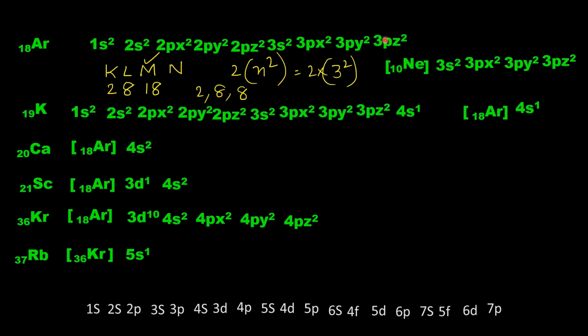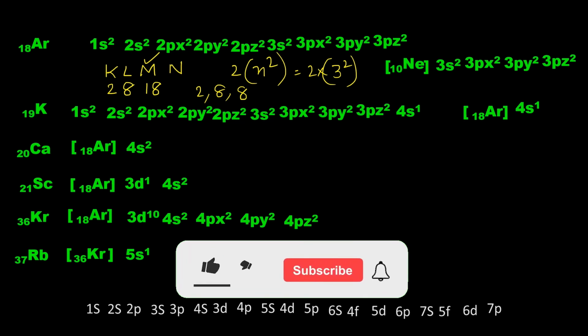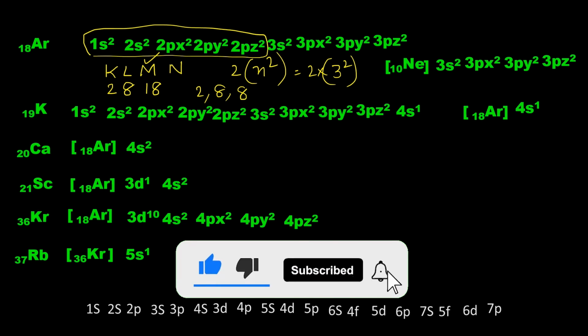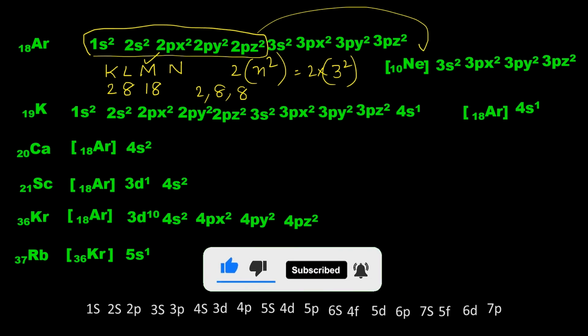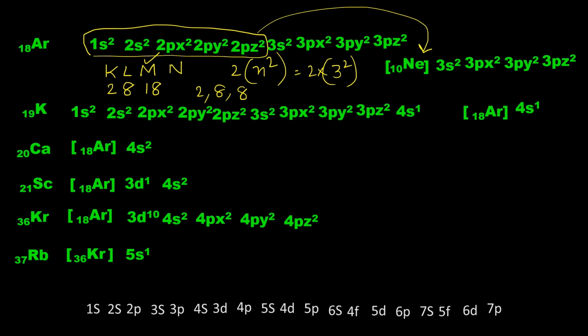For example, in the case of argon, it is the third element in group 18, that is noble gas. The noble gas preceding argon in group 18 is neon with atomic number equal to 10. This portion of the orbital electron configuration represents that for neon. So, electron configuration of argon can be written using the symbol for neon within square brackets.